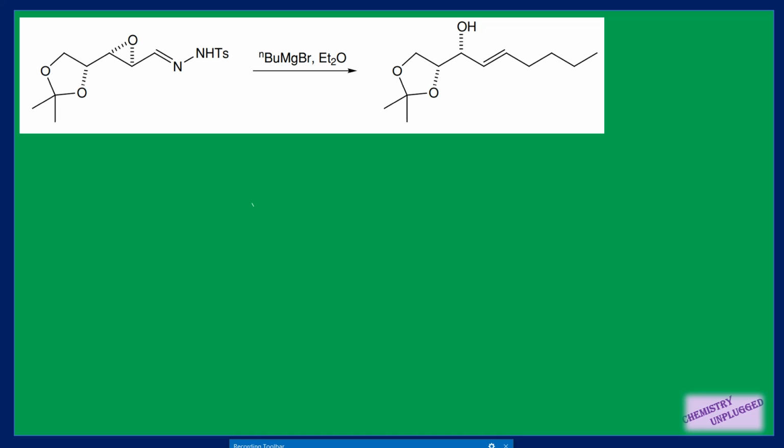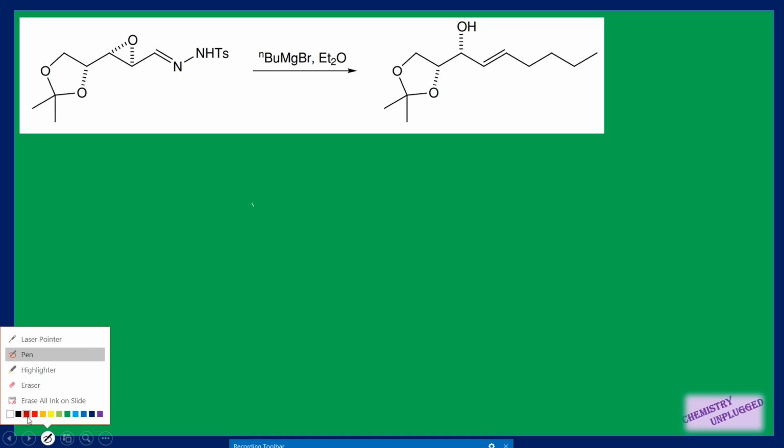So in the basic Wolff-Kishner reaction, we convert carbonyls into hydrocarbons, but we have already discussed in a previous chapter that if we have a leaving group at the alpha position of the double bond, then you can do different types of reactions with Wolff-Kishner also. In this example, they have already given us the hydrazone, so we don't have to synthesize it. We will only see how we can use this Grignard reagent here.